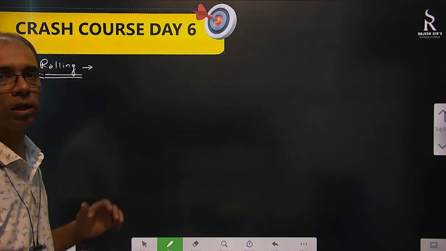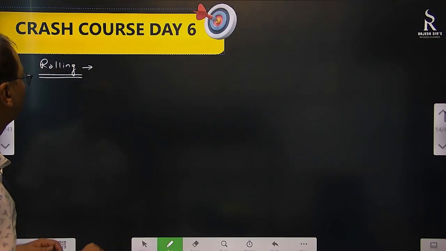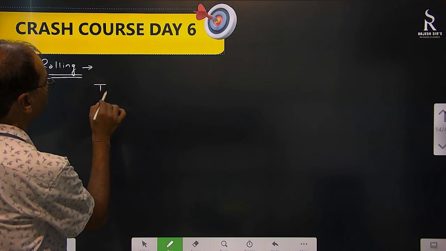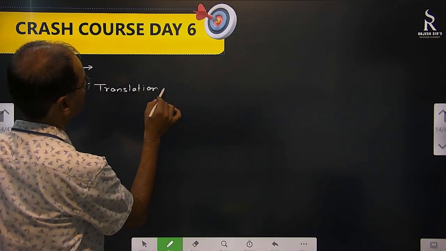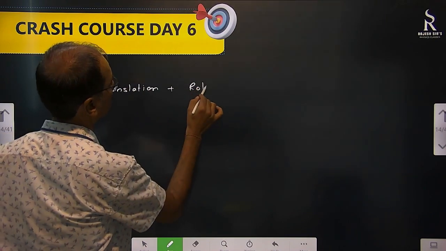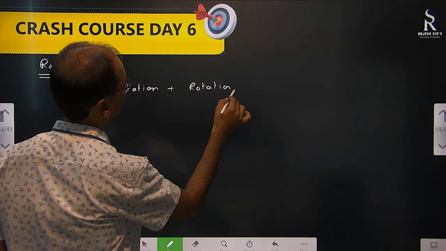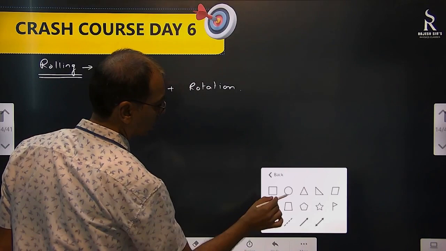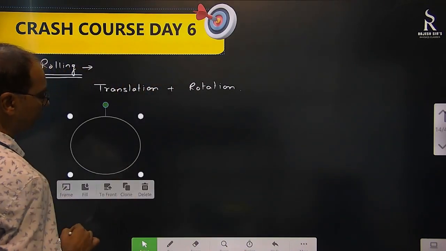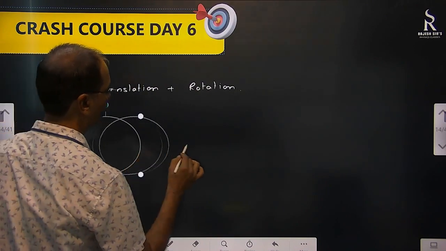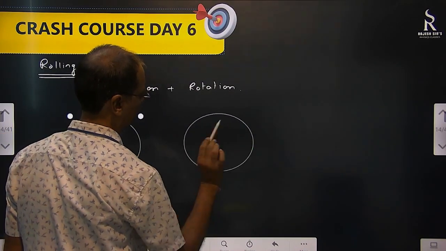Rolling means translation plus rotation. If we see them separately first, we say only translation here, and only rotation we are going to talk about here.